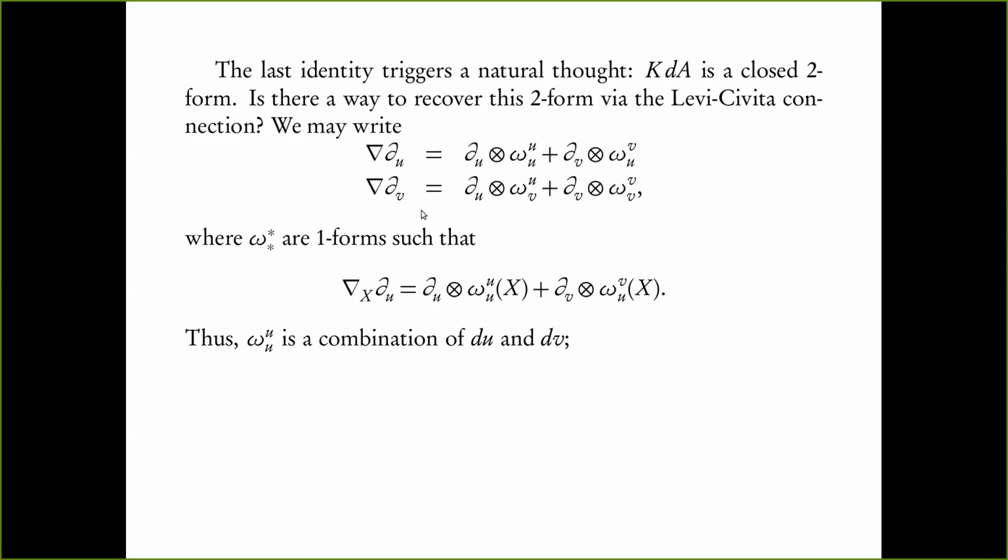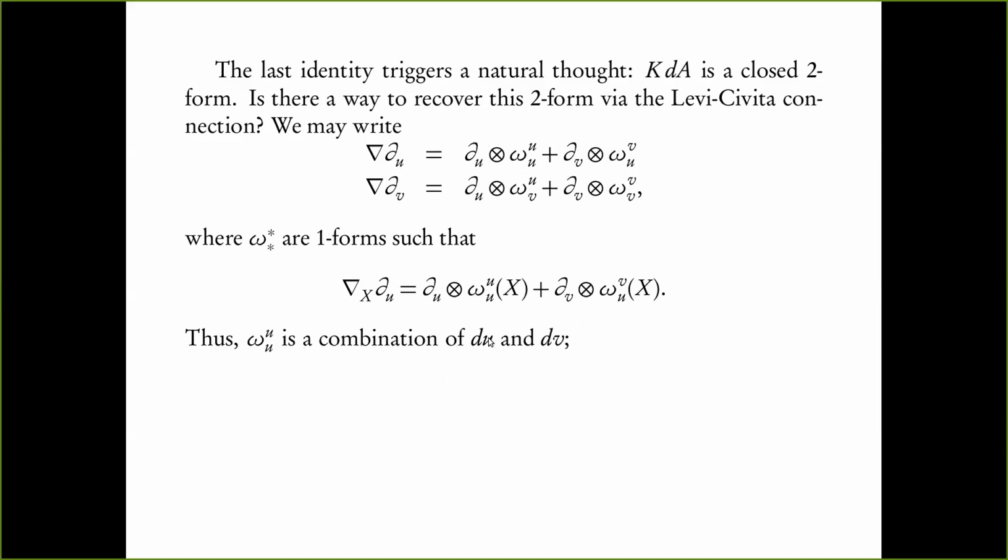That means if I wanted to calculate omega UU, for example, it's a combination of du and dv because it's a one form. How do I find the coefficients of du and dv? Well, if omega uu is f du plus g dv, how should I recover the f? Well, I have to hit omega uu with del u.